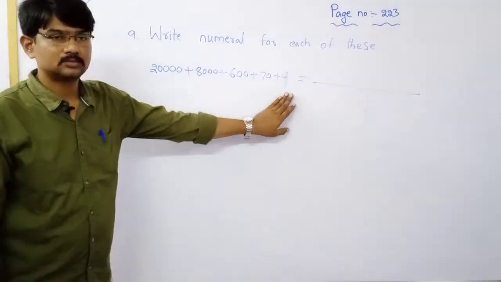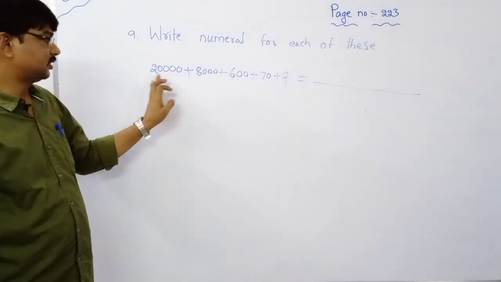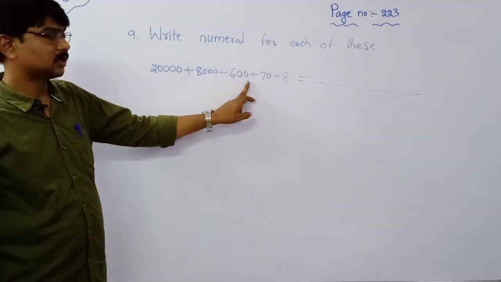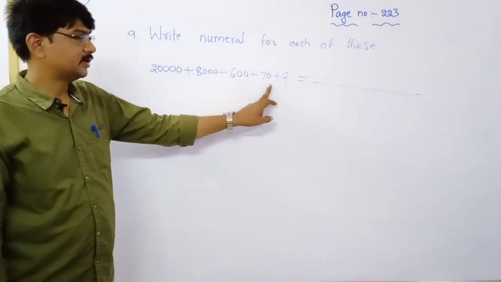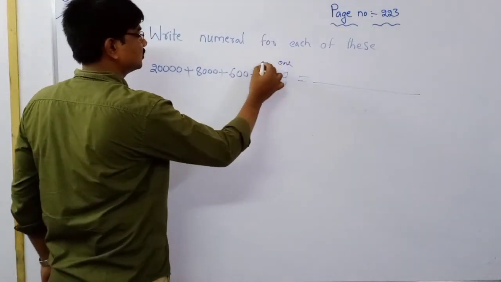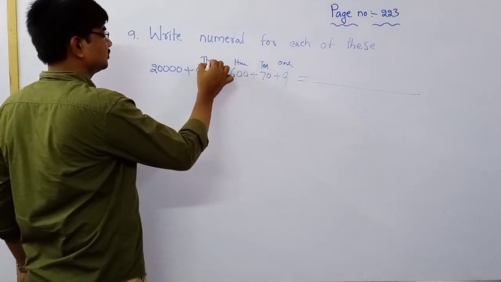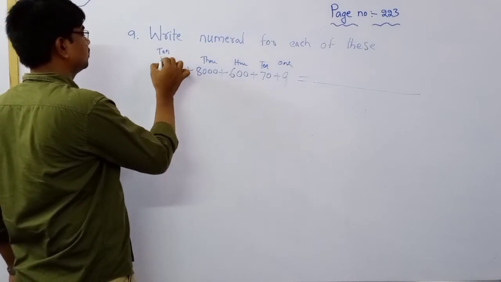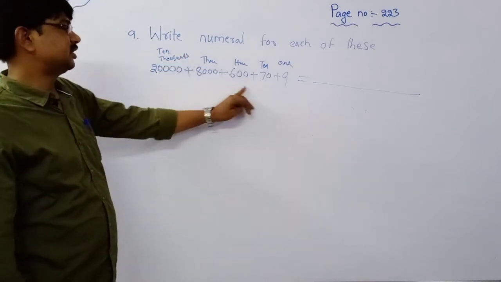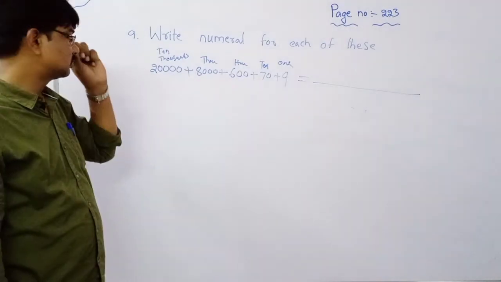What are given here? 20,000 plus 8,000 plus 600 plus 70 plus 9. So this is ones place, this is tens, hundreds, thousands, 10,000. So there is no missing. Okay, children, there is no missing in order: ones, tens, hundreds, thousands, 10,000.